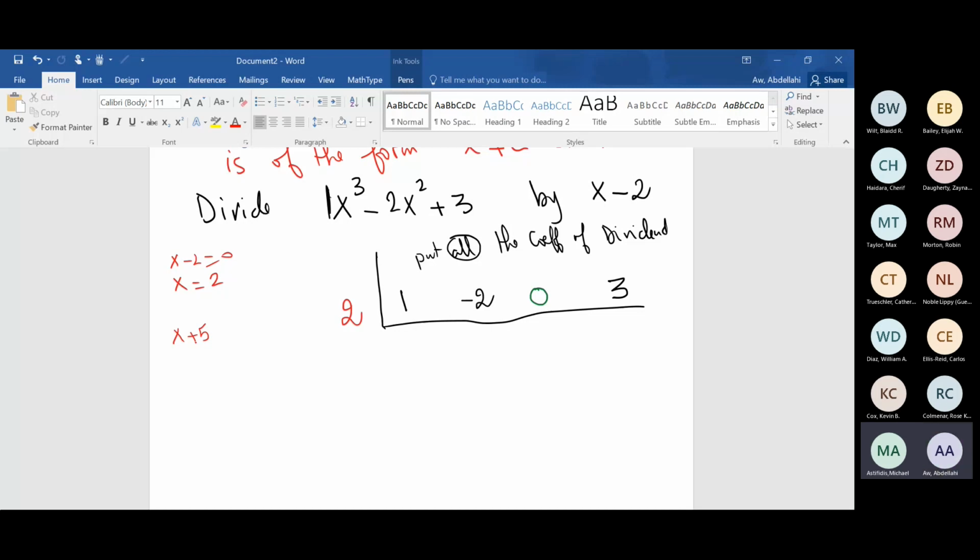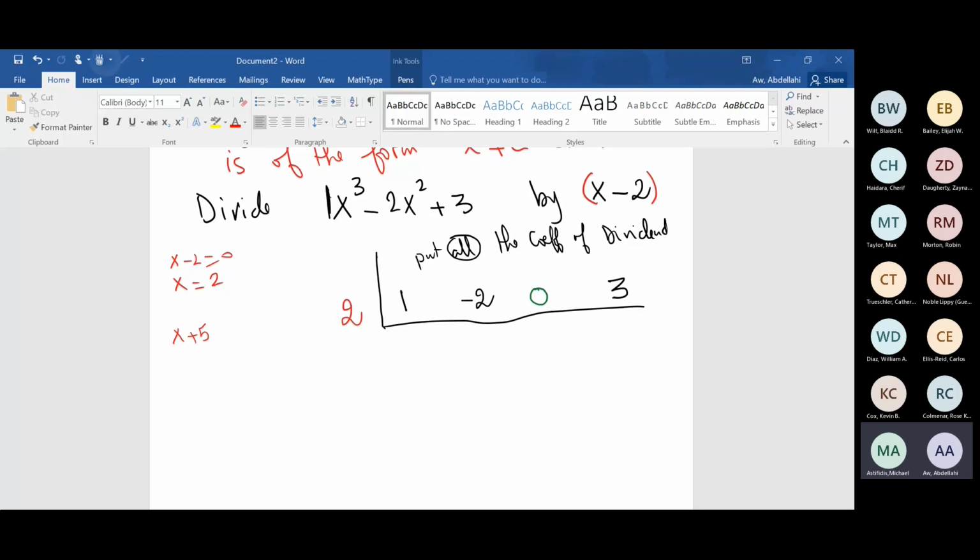You're going to put -5, right? Because we are dividing by x minus 2, we put 2. If you were dividing by x plus 5, we would put -5. If you put -2, you are dividing by x plus 2. That is very important.